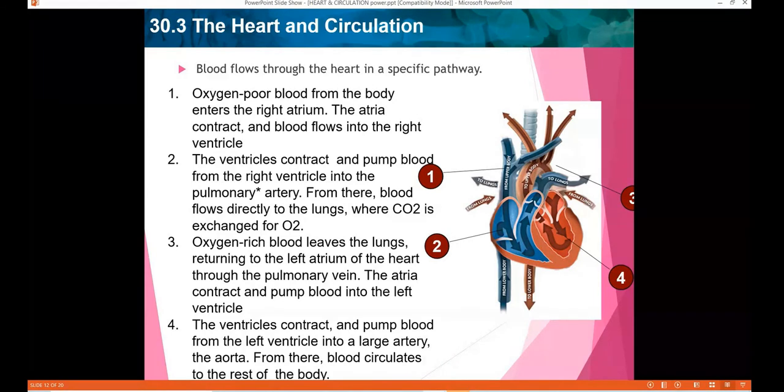Now this deoxygenated blood, having removed the water and carbon dioxide and picked up oxygen, has become oxygen-rich blood. So what happens in step 3?